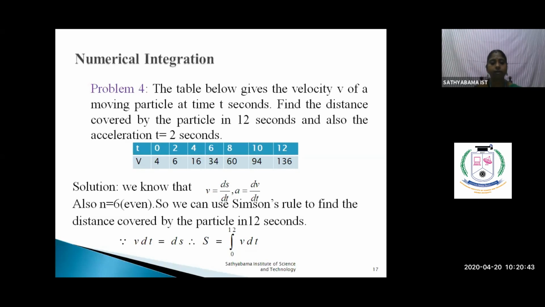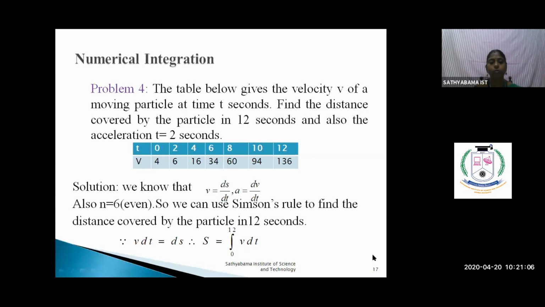You take v dt: v into dt equal to ds. When I integrate that, I'll get s, which is equal to the integral from 0 to 12, because they are asking only for 12, of v dt. That's my distance covered by the particle in 12 seconds.